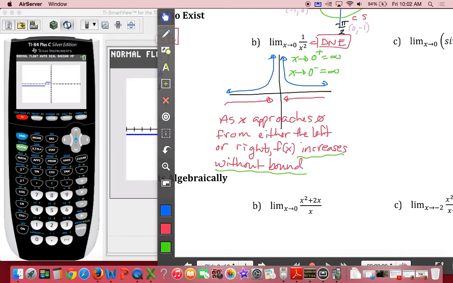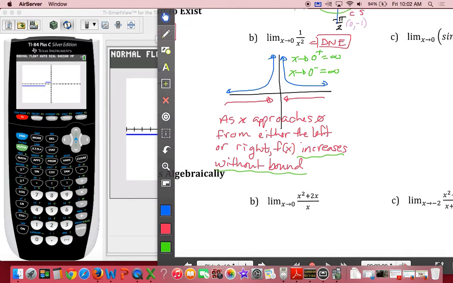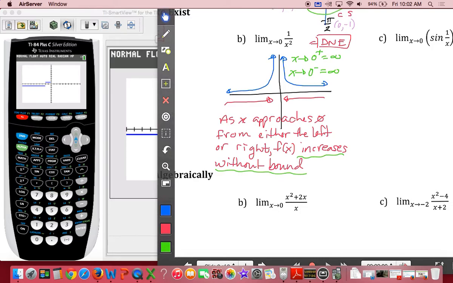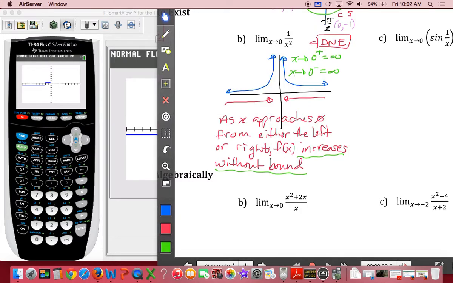All right, can I move that? Oh, apparently not with that. So hold that thought. Forget how I group those. Arrange.